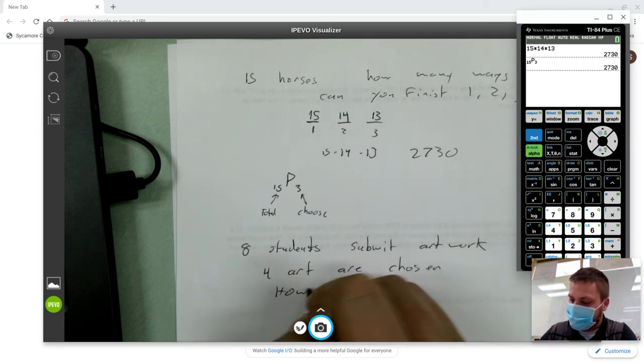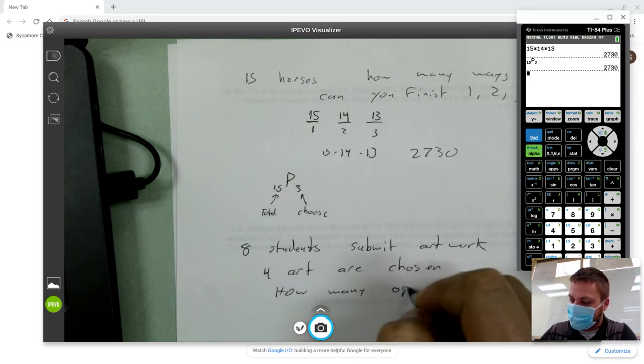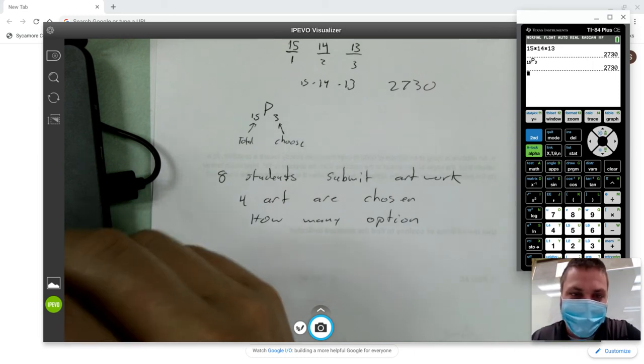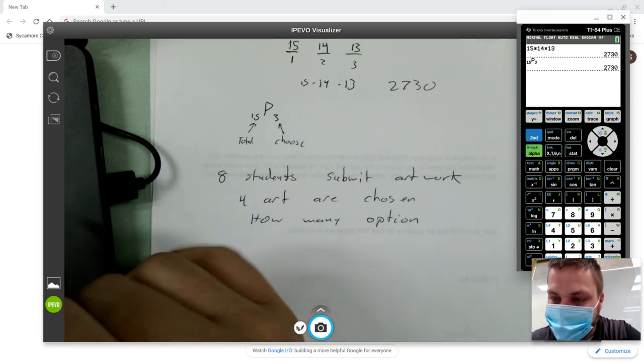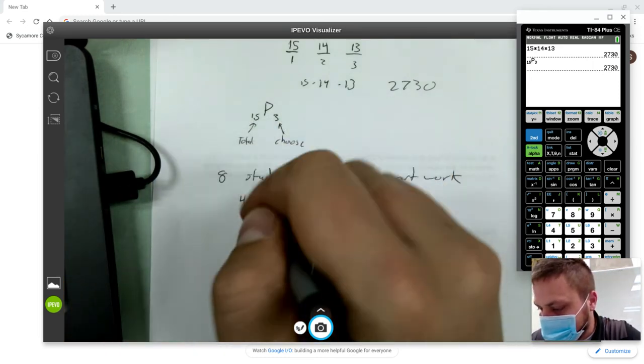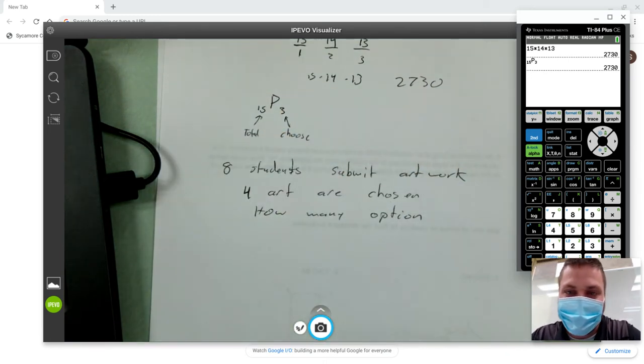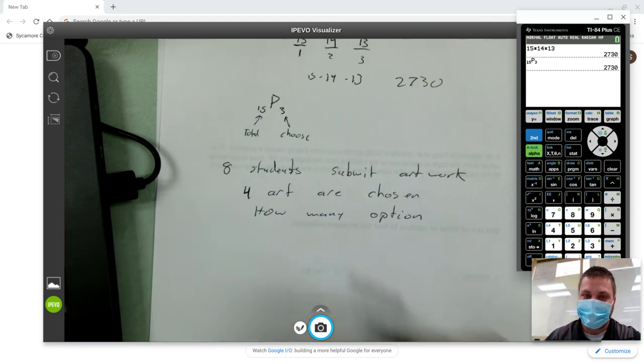How many options? Okay, now, this is a situation where you have to determine if order matters, okay? Order does not matter because no matter what, if I choose 4 works, okay, I'm just going to display those. The display doesn't change. It doesn't matter which display comes first, second, or third. It would still be the same 4 artworks chosen. Okay, so this is a combination.